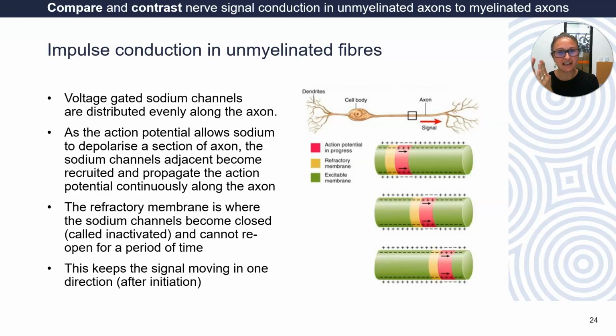That means the next bit of the axon will now become -55, which opens up the next voltage-gated sodium channels, which makes that bit -55, which opens up the next adjacent voltage-gated sodium channels. It's like having to light a fuse every little step of the way.